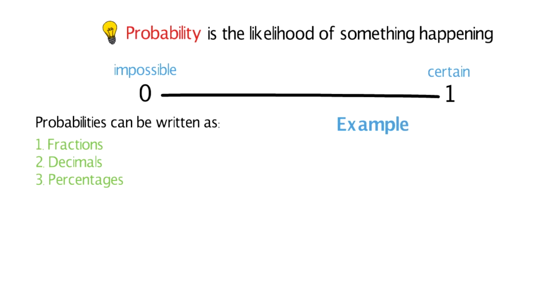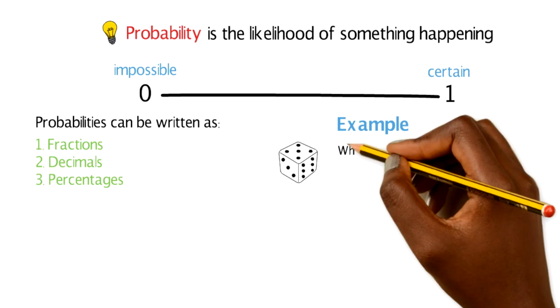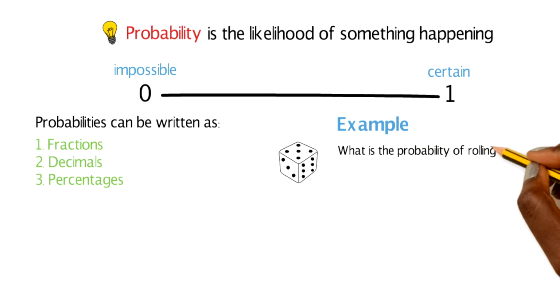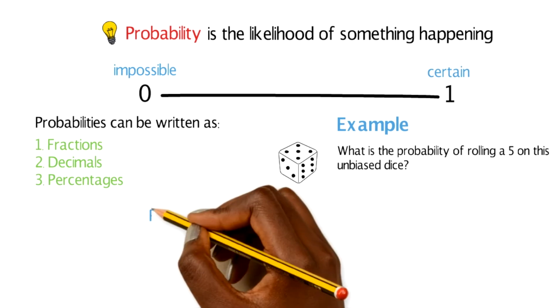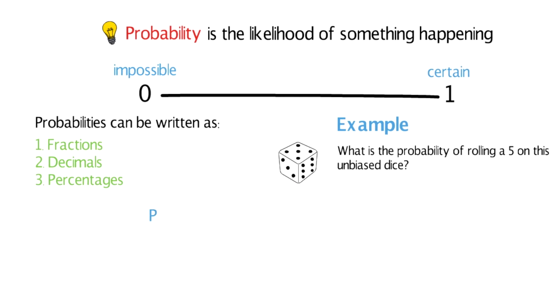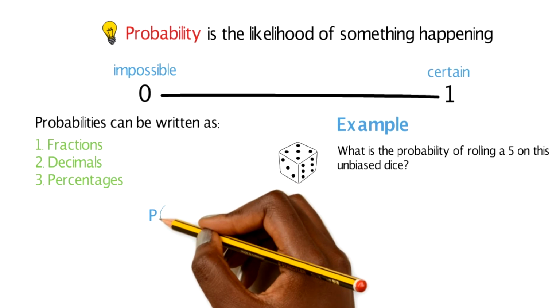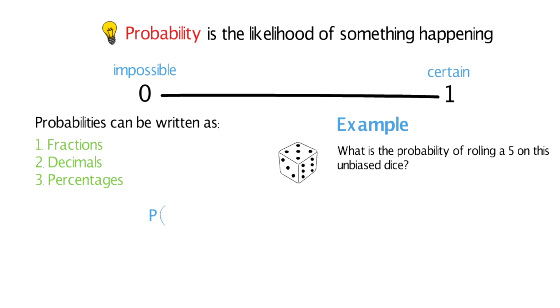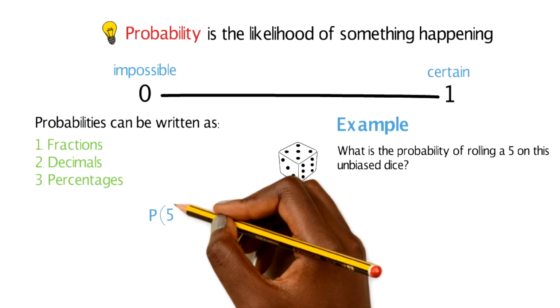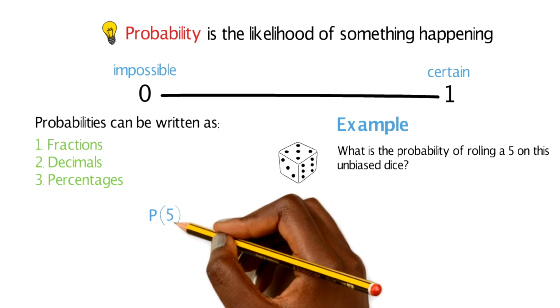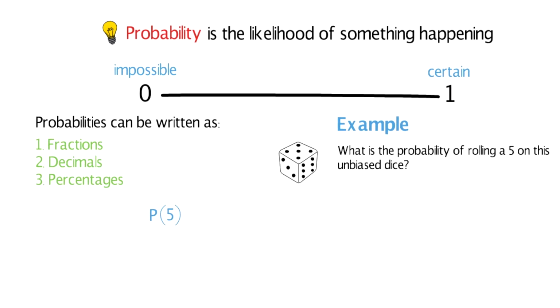So I'm going to give you an example of a probability question. We've got a dice, because they love dice probability questions in maths. If your question says, what is the probability of rolling a 5 on this unbiased dice? So this is how we would write it in maths. It would be P for probability, and then in your brackets, whatever is the probability that you're working out.